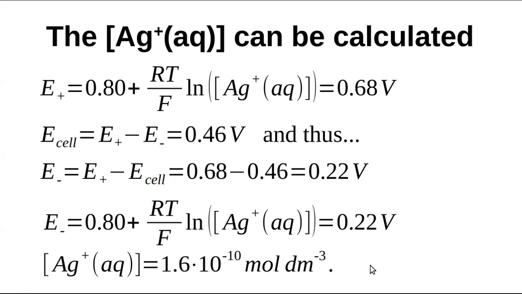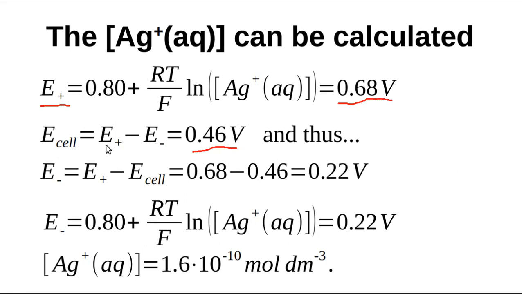I suppose we can. Now let's see where. We know that the positive pole was 0.68, and we measure 0.46 volt as the cell voltage.